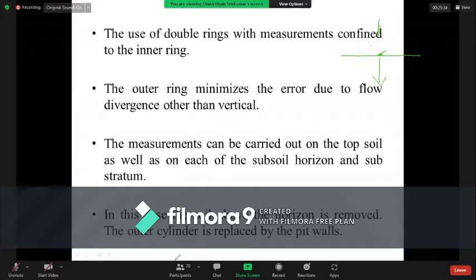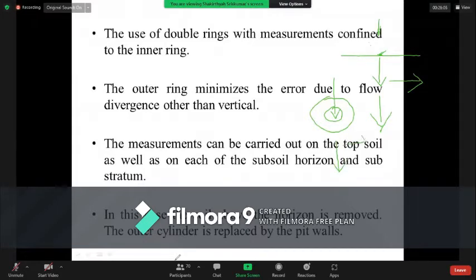So once the water moves inside the soil, then it can move further vertically or it can move horizontally or laterally as well. So in the double ring infiltrometer, there are two rings. Once you pour water in the inner ring, the water will move vertically down and also it can move laterally.